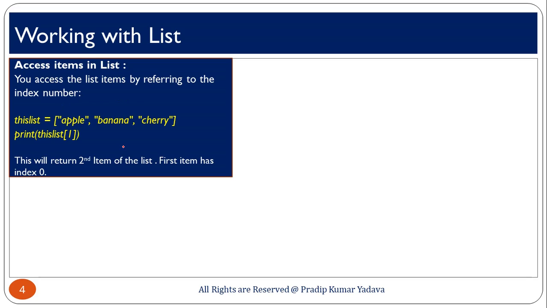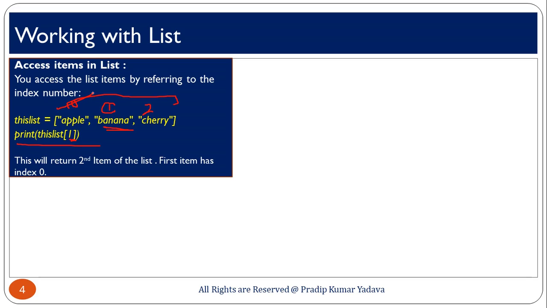So this is an example of a list. Here the index of apple will be 0, then 1 and 2, and suppose you run this code, print this list index 1, this will return banana, because the index of banana is 1. This is an example of positive indexing, means positive indexing starts from 0.